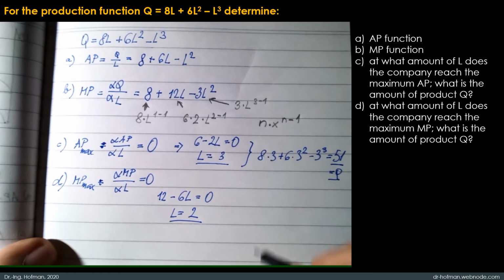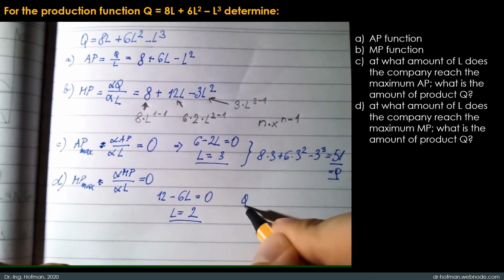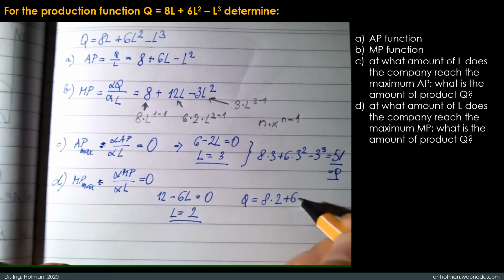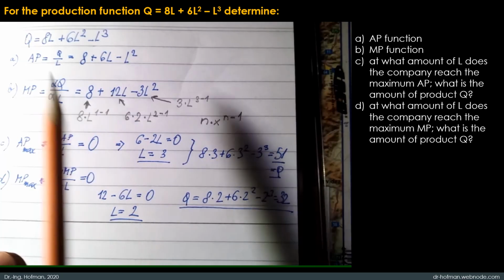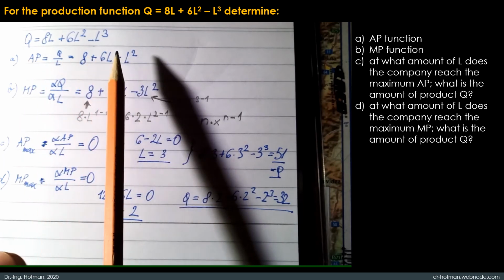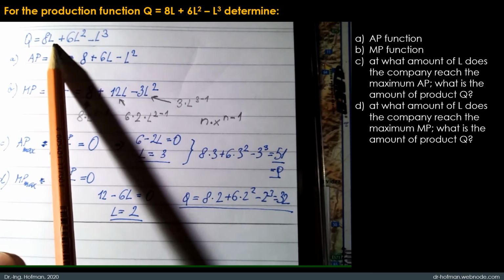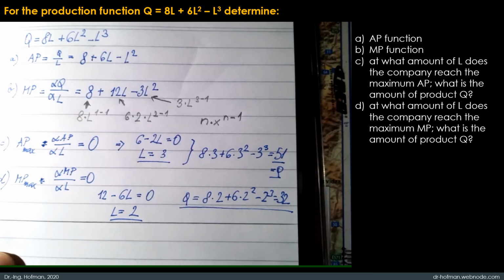From here L is 2, and I will use this in the expression of the Q function. It means 8 times 2 plus 6 times 2 squared minus 2 to the 3, which is 32. Again, it was only L, so it's a short run production function. Only L is changing.